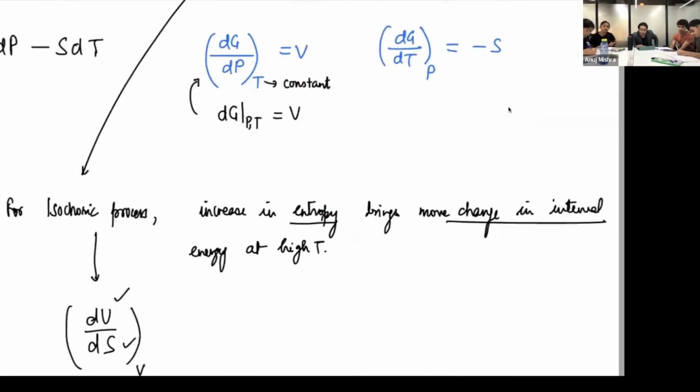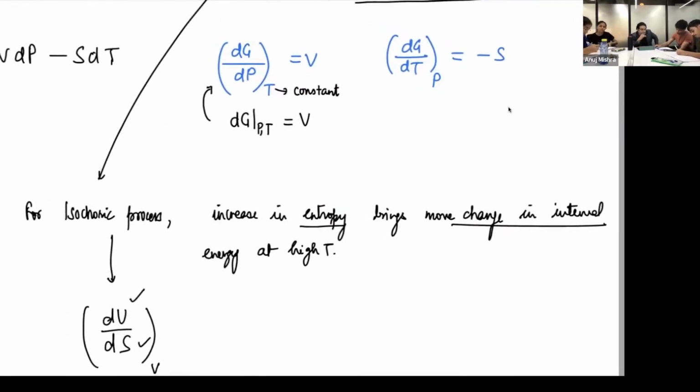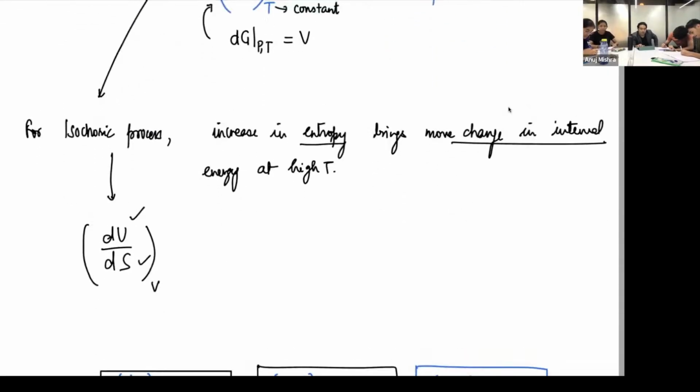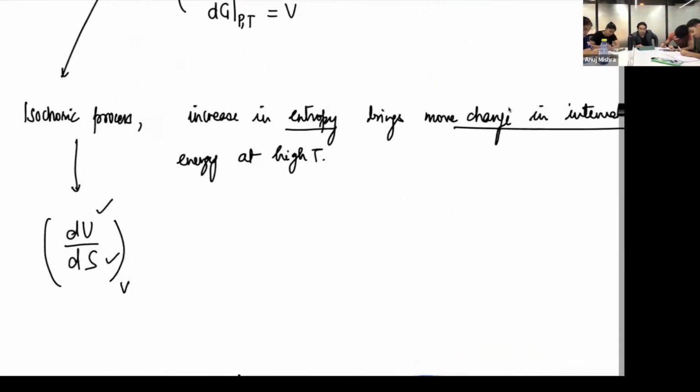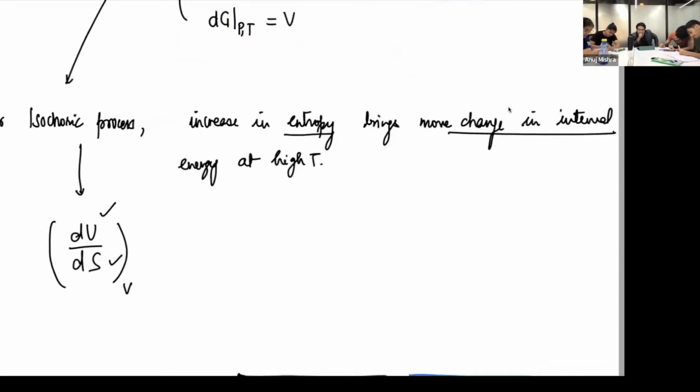Write one more line. For isochoric process, increase in entropy brings more change in internal energy at high temperature. ये सही है? Statement ये गलत है? Check कर लीजिए. So dU by dS at constant V equals T. So is it right or wrong?